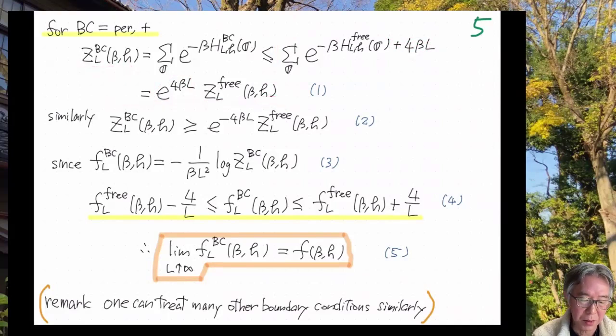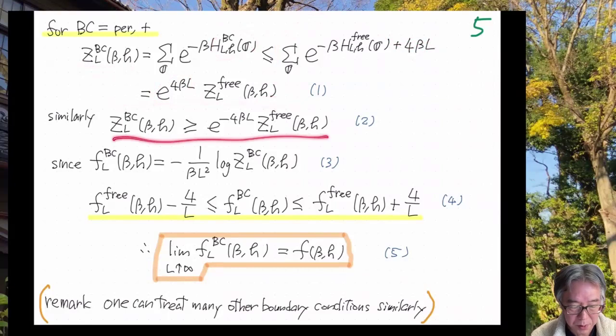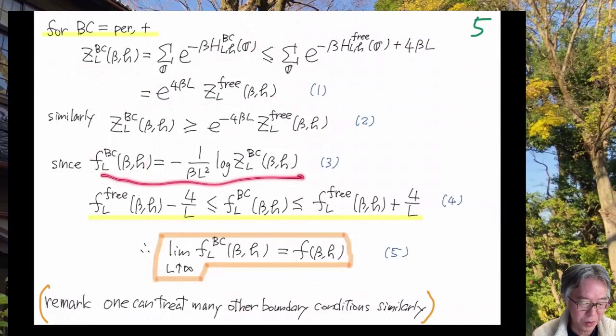Well, you can do exactly the same thing. You can upper bound this by, and then you get the lower bound, and you get this. Now recall that, well, you don't need this, but this is the definition of the free energy density. So you just plug these inequalities into this definition.